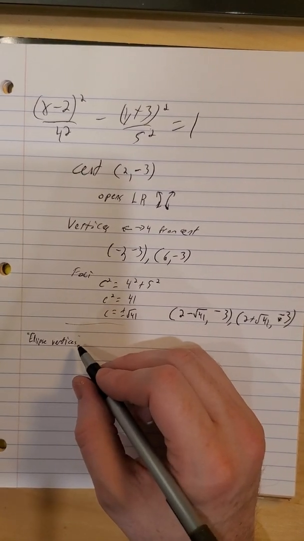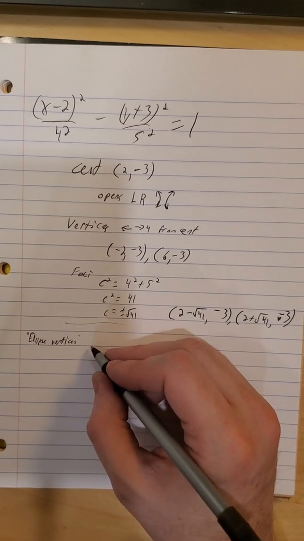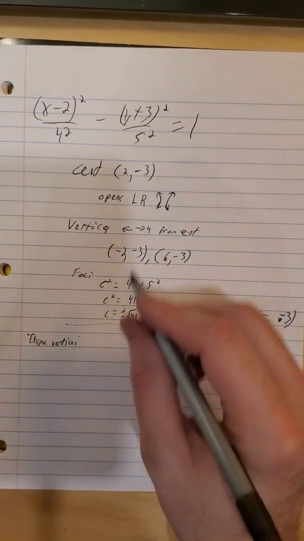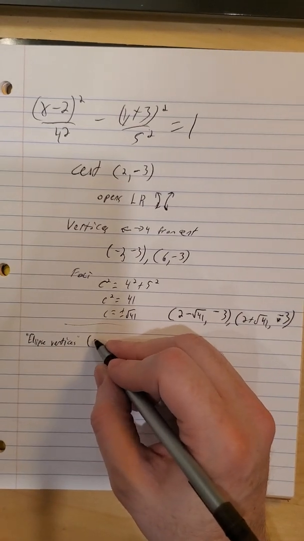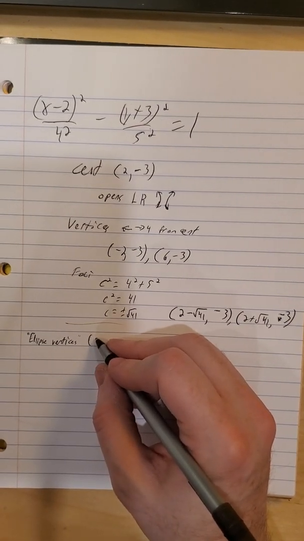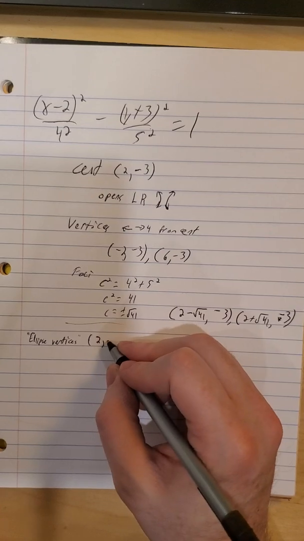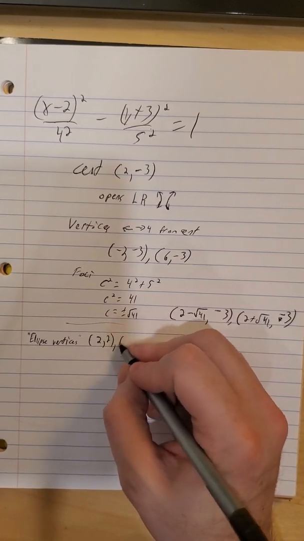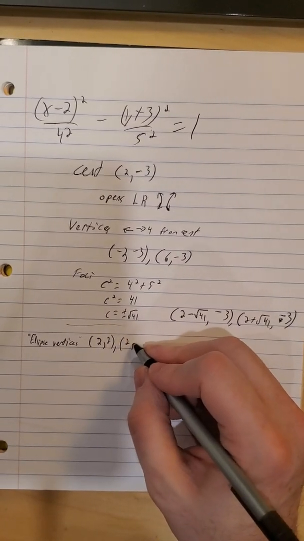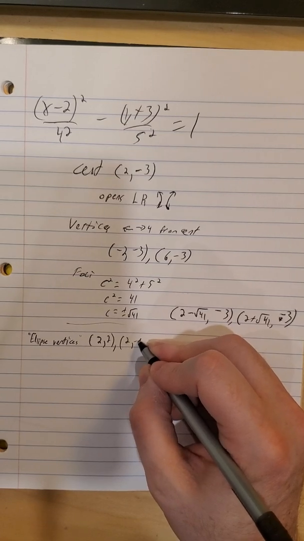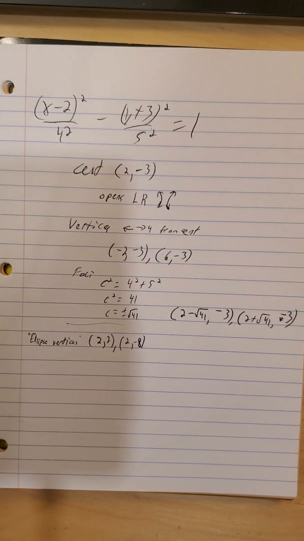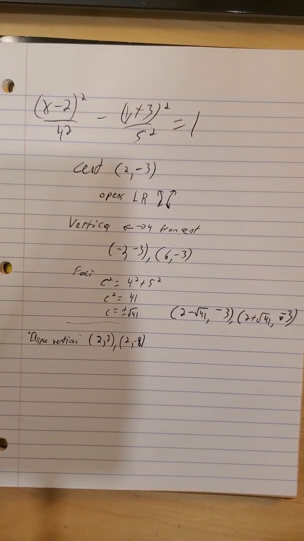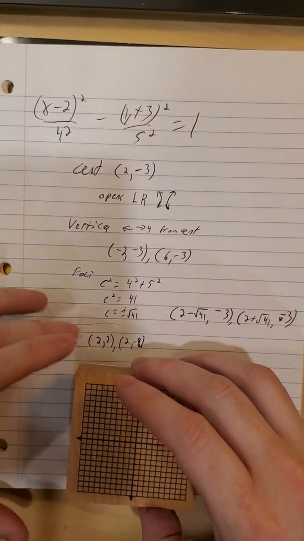What if vertices, ellipse vertices, we would have moved up and down 5 from the center. So we could also use as reference points 2 moving up 5 would put us at 2, and 2 moving down 5 would put us at negative 8. So that's also going to help us get the equations, plural, for asymptotes.